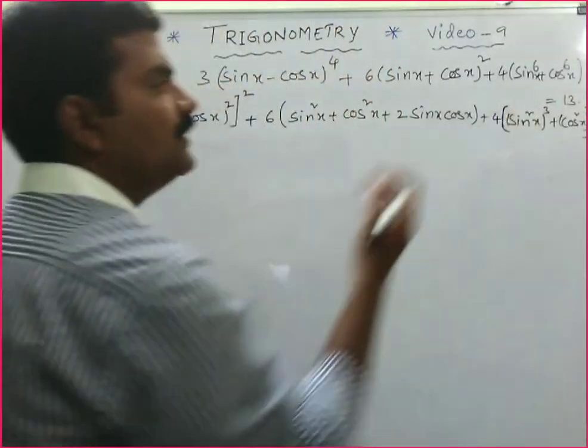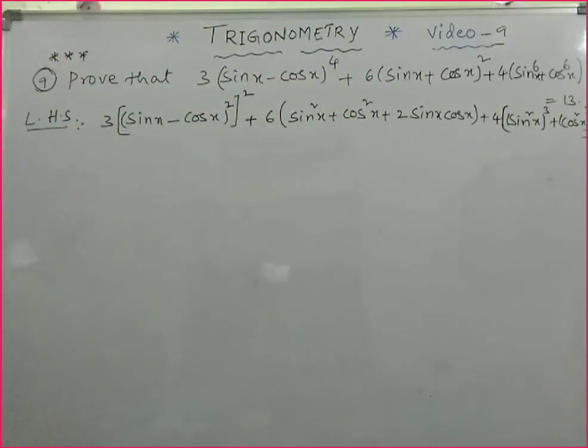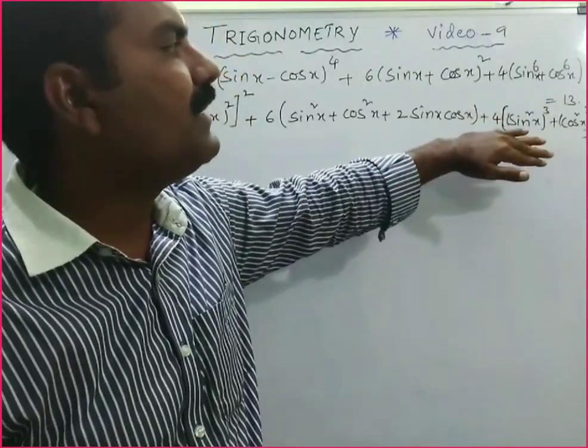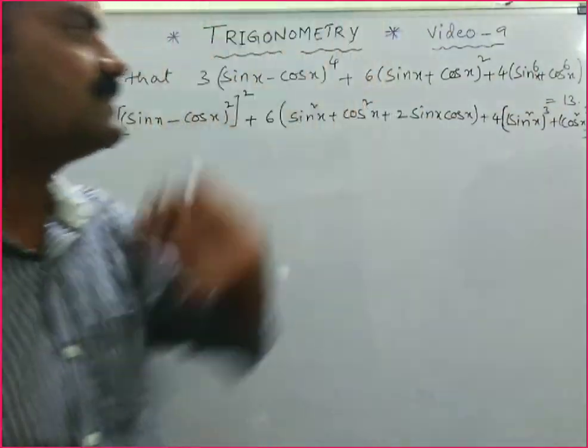Okay, sin square whole cube, which is nothing but sin power 6, cos square whole cube, which is also cos power 6, because this is in the form of a power m whole power n, a to the power of mn, 2 into 3, which is 6.